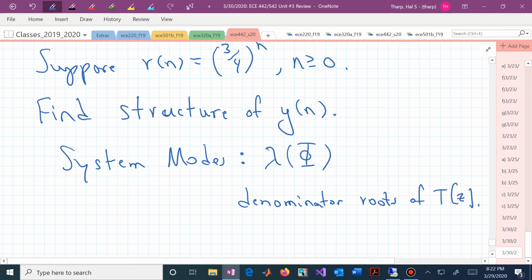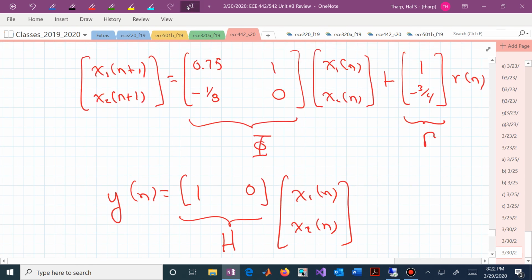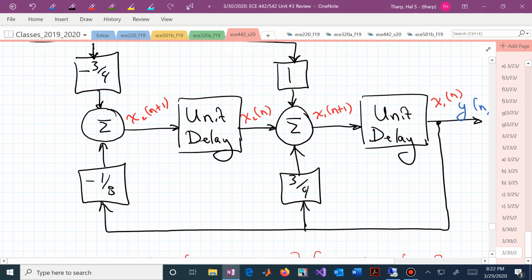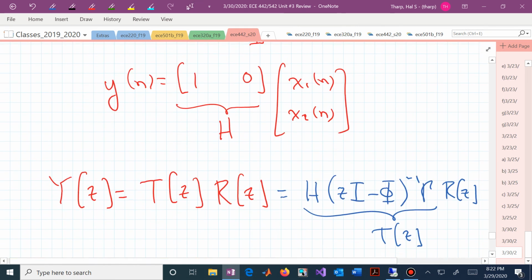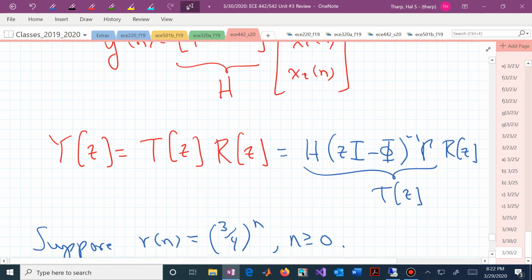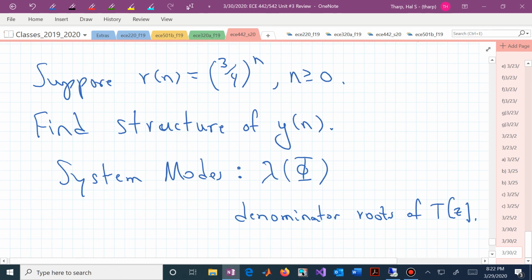Those are the same things. And if you found the transfer function between r of z and y of z, that would be the same as this T of z that we've now parameterized in terms of H, phi, and gamma.